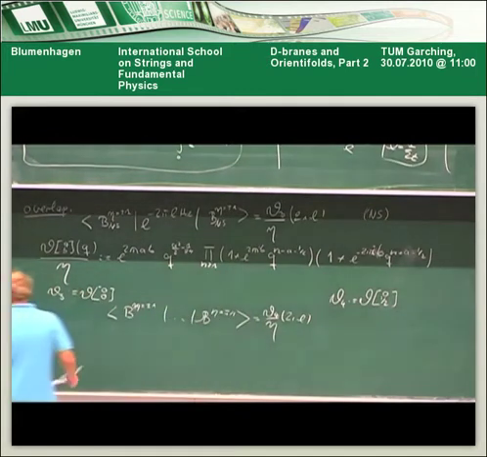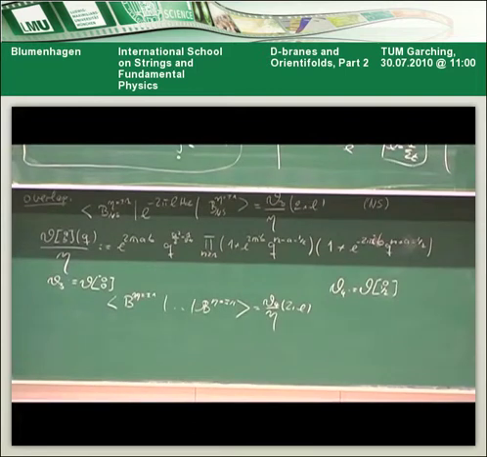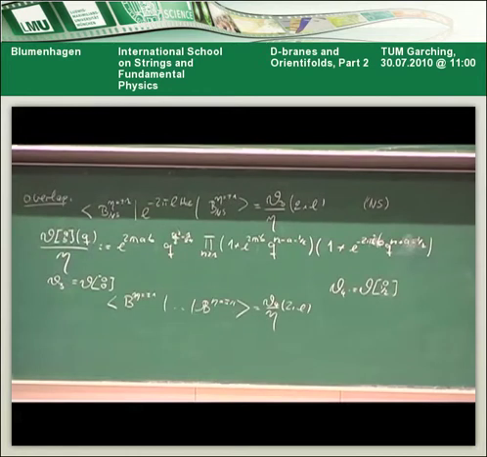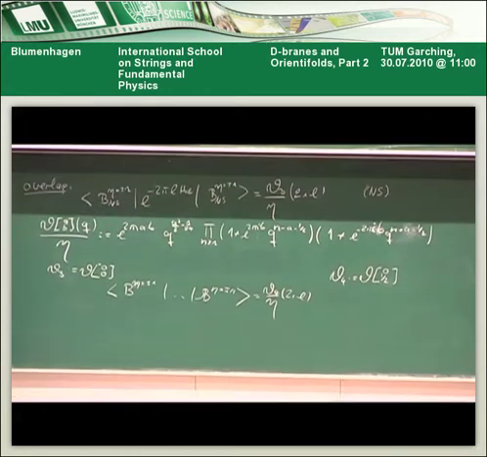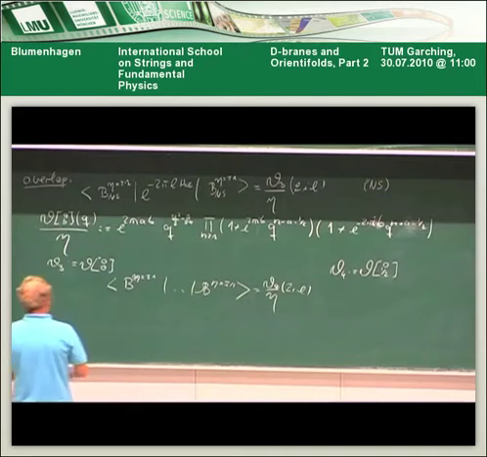The Ramond sector is a bit more intricate, and this is the part I wanted to keep short, because in the Ramond sector you have these fermionic zero modes. Your ground state will be degenerate, because the ground state will be a representation of this zero mode algebra, which is a Clifford algebra, so you get a finite dimensional ground state, and you also have to implement your boundary conditions on these ground states.